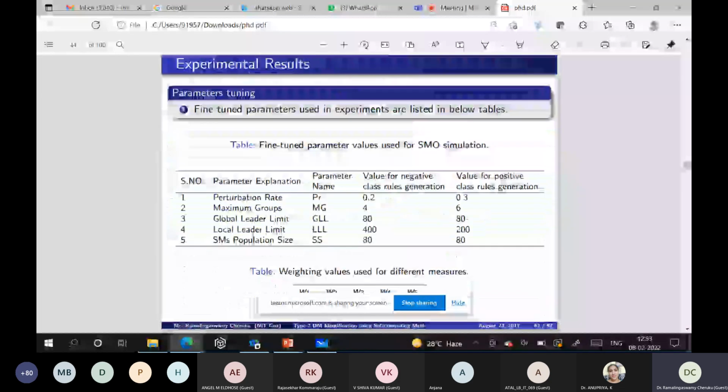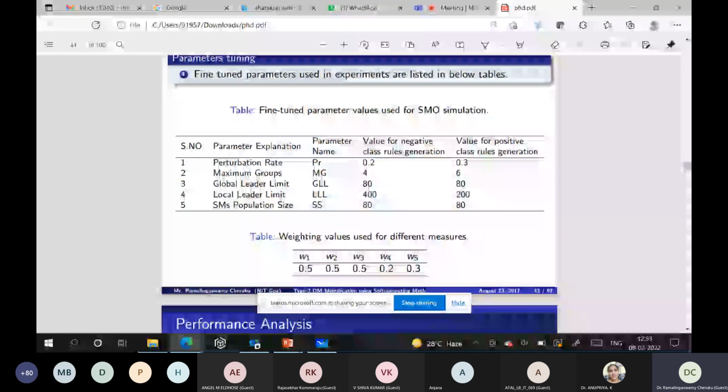Once we are done, we have to do this for both classes, because this process has to be run for every class. If there are two classes, you have to run the rule generation process for the positive class data and the negative class data separately. Hence these hyperparameter values are specific to the data also.